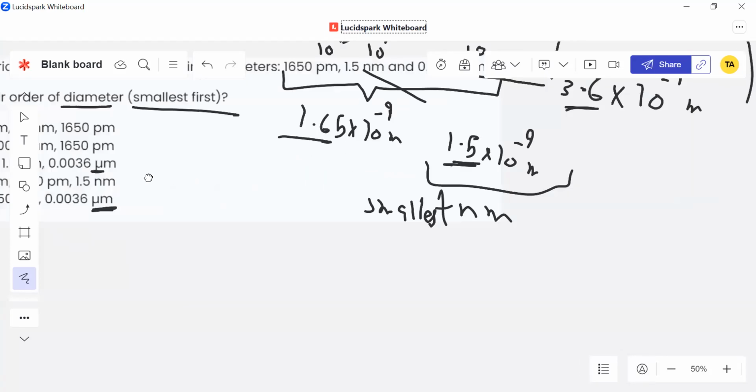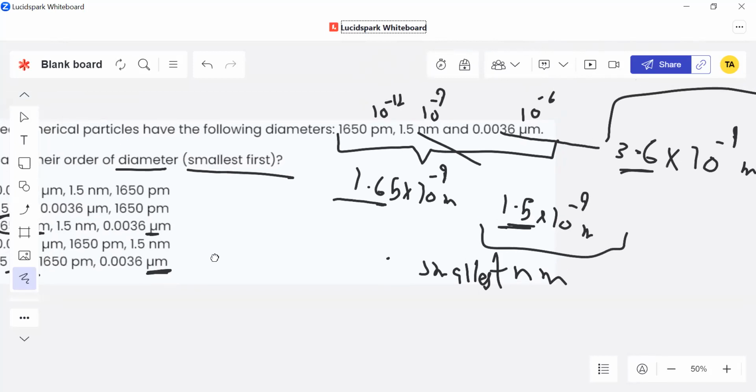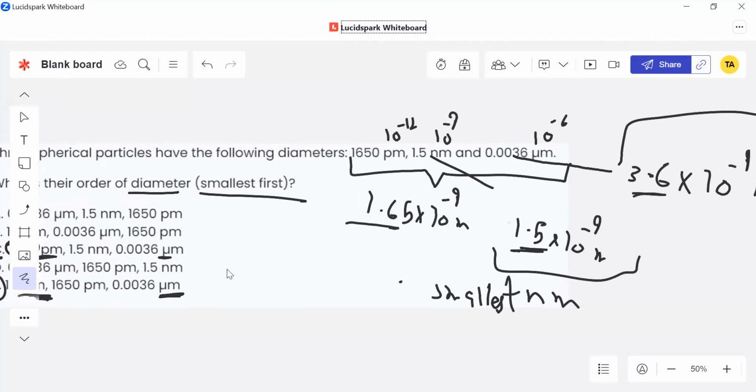Picometer is 1.65, whereas nanometer is 1.5.